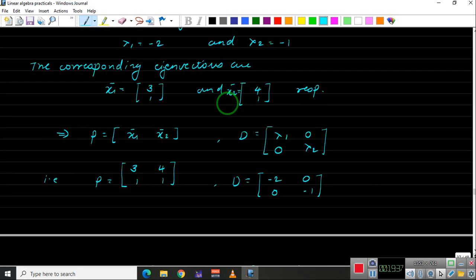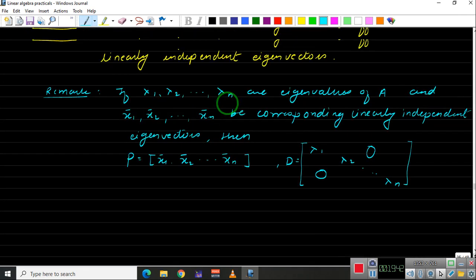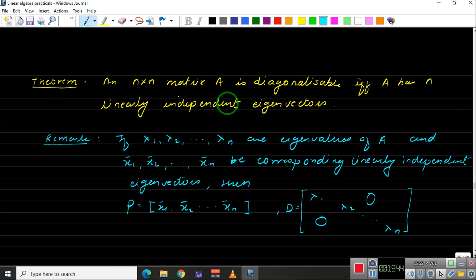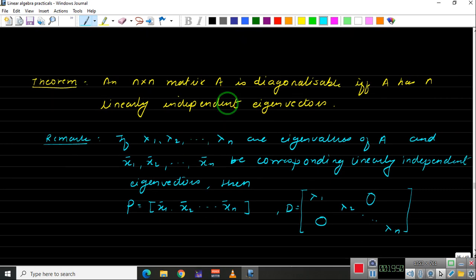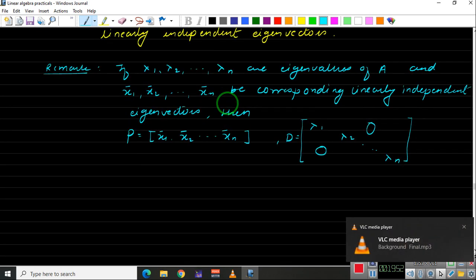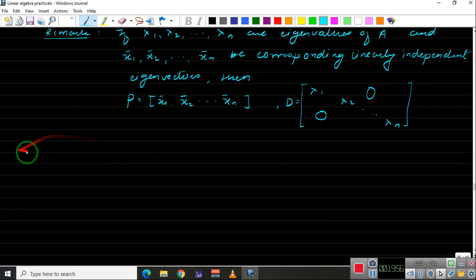So let us recall what we have to do. The thing is, you need to check whether the given matrix is diagonalizable. Let me write the statement of one of the theorems which I stated, that may be helpful for you.